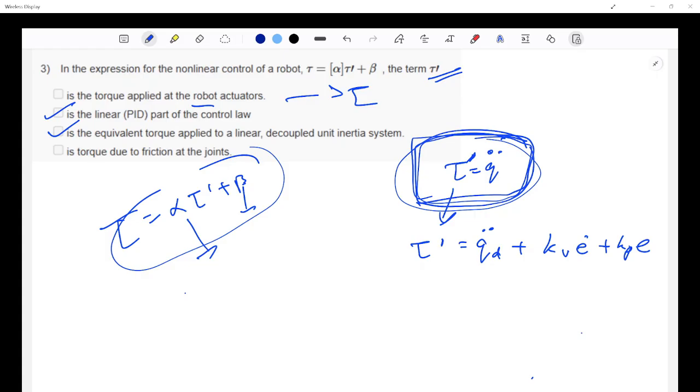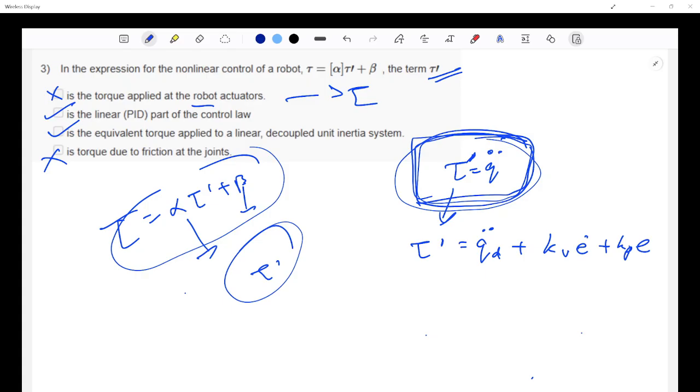The other option is, it is the torque due to friction at the joints. Friction is a part of beta, C plus G plus F, and it is not a part of tau dash. So anyway, it is wrong. So tau dash here is a virtual control input applied to an equivalent linear system obtained after cancelling non-linearities. It is the linear control part, PD or PID, and it is the input to the unit inertia system.